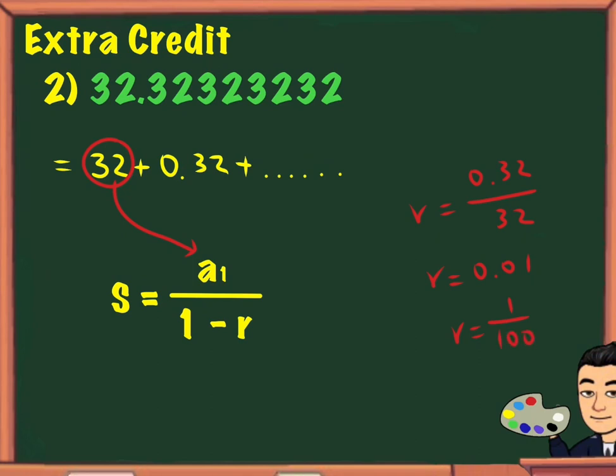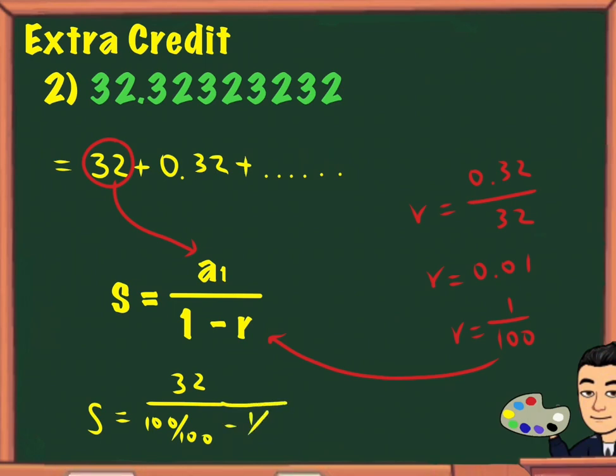That's what I'm going to plug in for r. If you rewrite this, s is equal to 32 over 1 minus 1 over 100. We know that 1 is equal to 100 over 100, so we have 32 over 99 over 100.